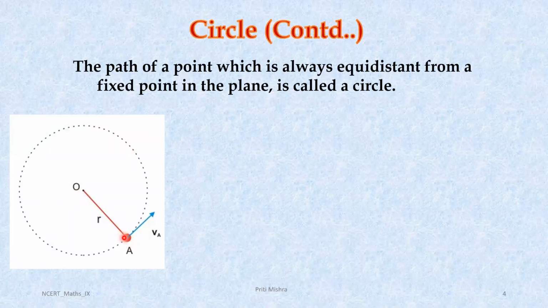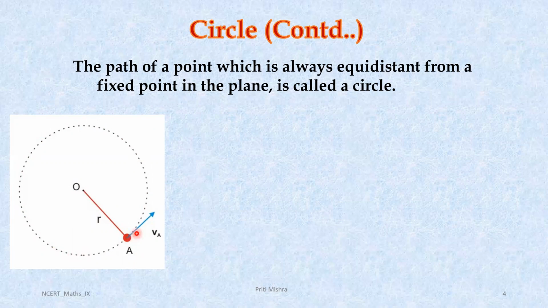Just like that, we have to move this point A with respect to O. That is, OA must be same at each and every point. So it will move like this, because we have to maintain this distance the same.